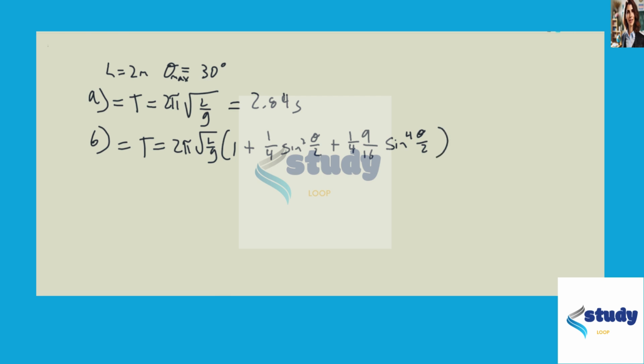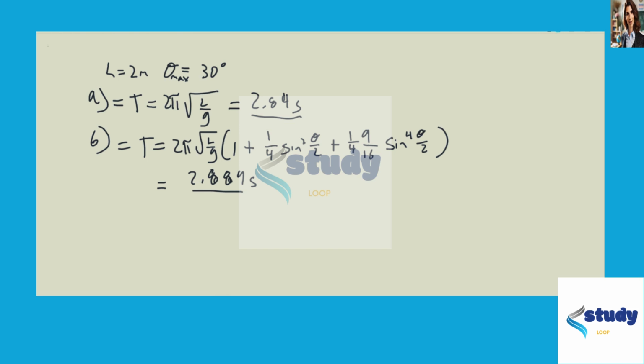So if we plug in 30 degrees for theta, 2 meters for L, 9.8 for G, we end up with a period of 2.889 seconds.